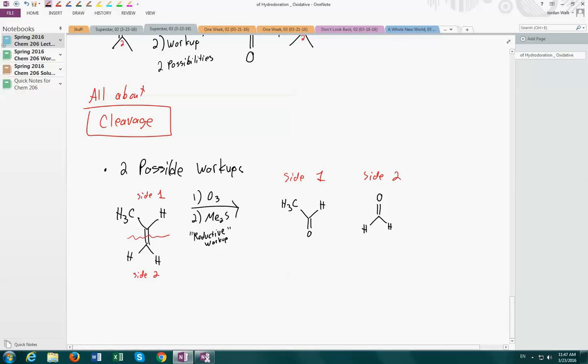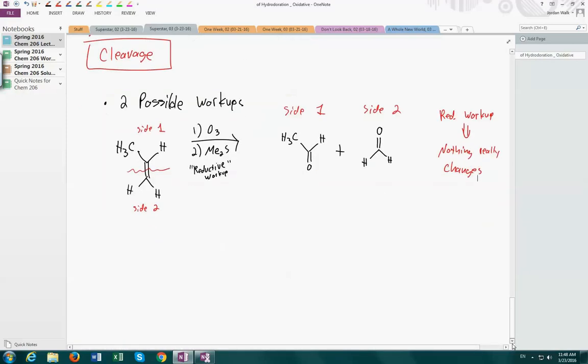Okay, so that is a reductive workup, and so let's just say the reductive workup, nothing really changes from what we learned already. Nothing changes except for our cleavage. All right, so then if we've got one that's a reductive workup, what do you think the other is? It's an oxidative workup.